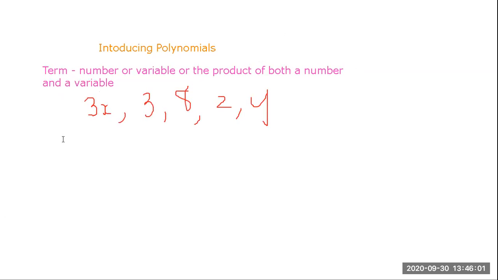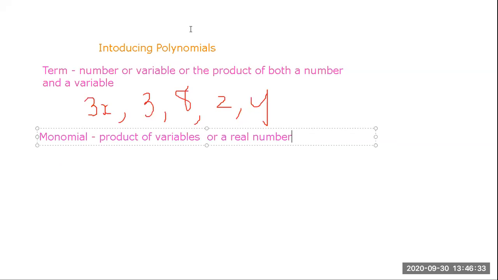Let's look at our other definition, monomial. A monomial is referred to as the product of variables, or a real number.